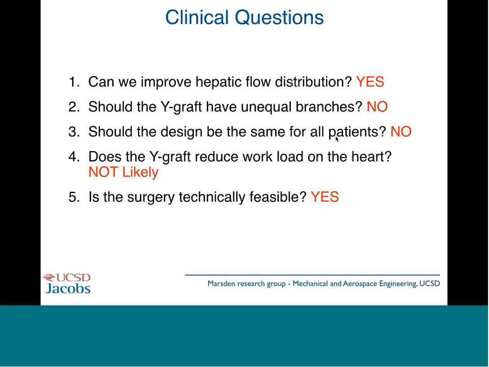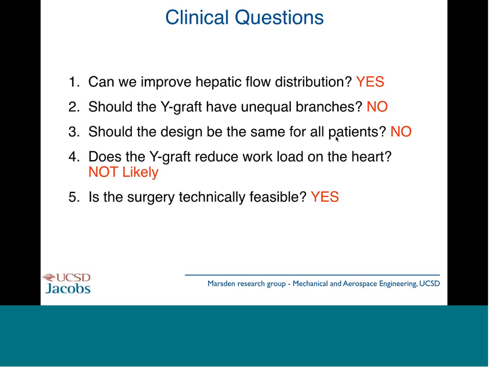So to come back to the clinical questions that we posed originally, we believe that we can improve hepatic flow distribution with a Y graft design. Our optimization study showed us that we don't believe the Y graft should have unequal branches, but we also do think that the design should be customized for individual patients.